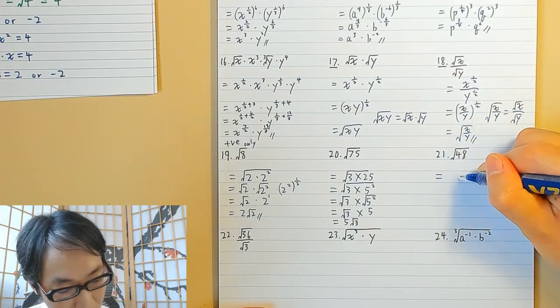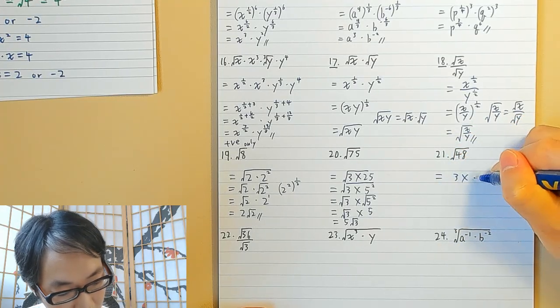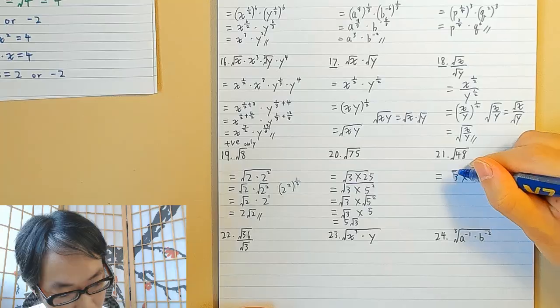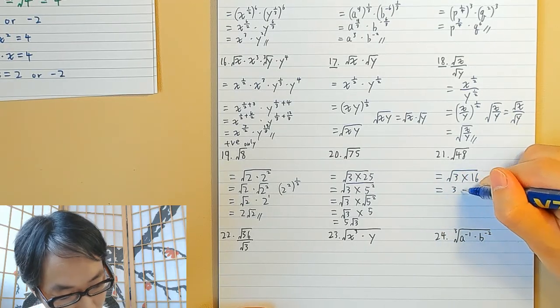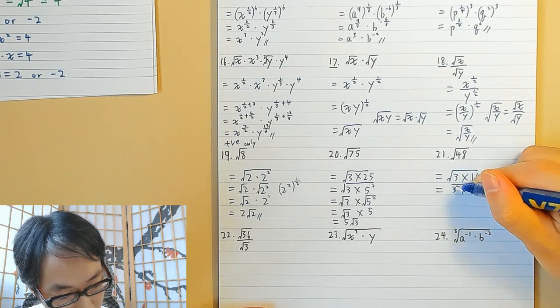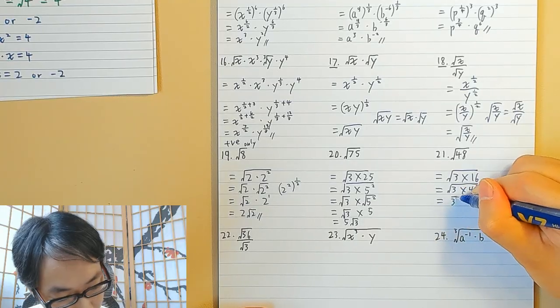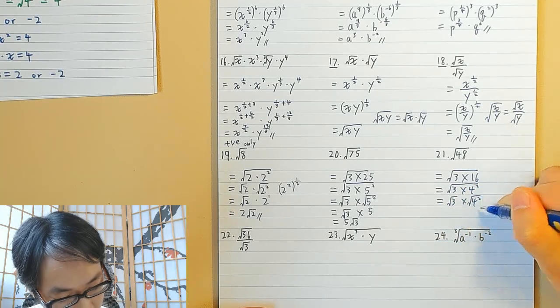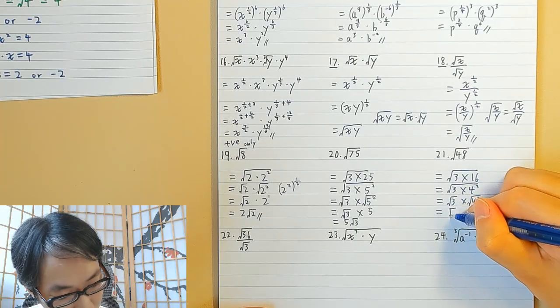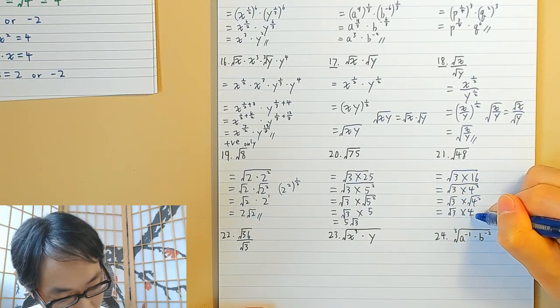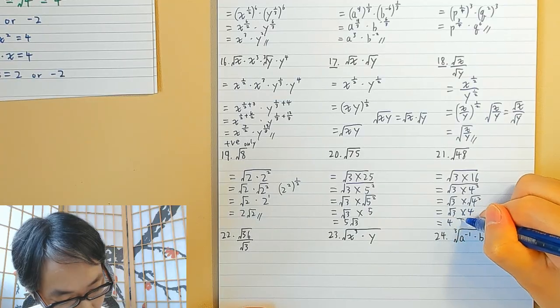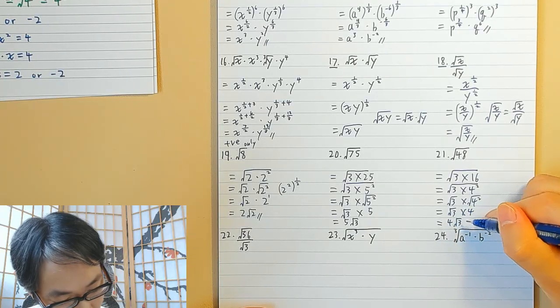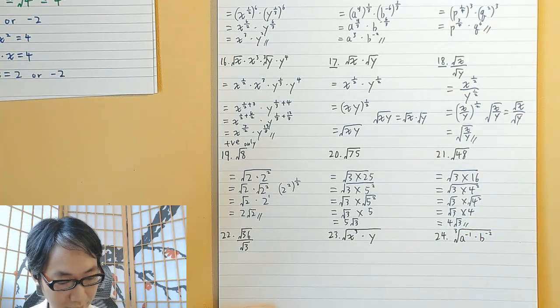So this is equals to 3 times 16. And 3 times 4 squared. And then this will be a 4. So square root of 3 times 4. And we have 4 times square root of 3. Okay.